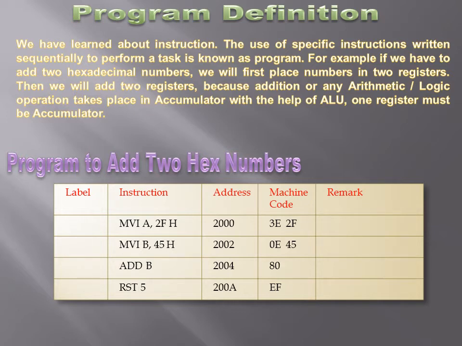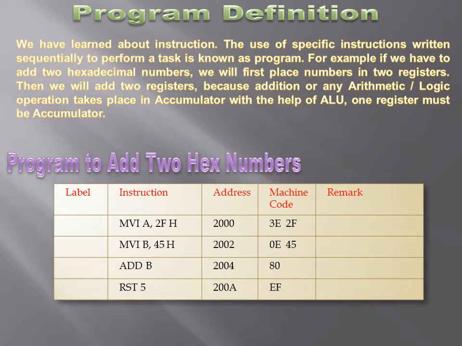So this is a simple program, and on the right hand side, if our RAM address is starting from 2000, then we have 3E, the instruction code, and then 2F, the data. Then on 2002 we have 06, the opcode translation for MVI B, the machine code, and then we have 45 as the data.